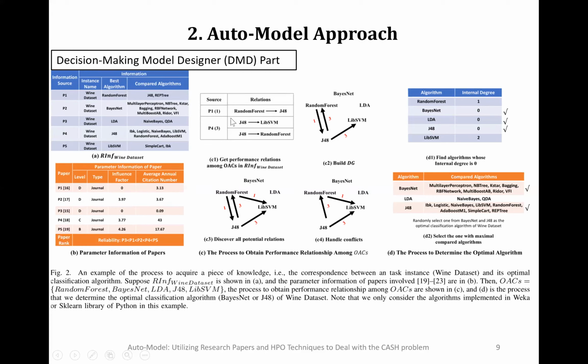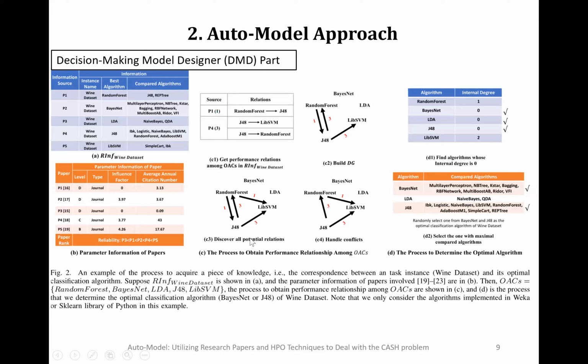For example, paper 1, whose reliability score is 1, thinks that random forest has better performance than J48 on one dataset. Then we get this edge in the graph with weight 1.